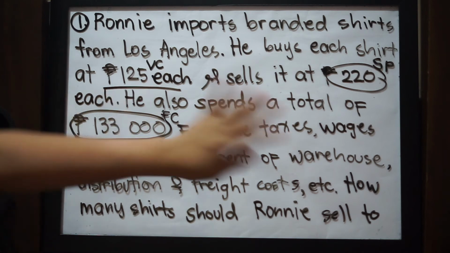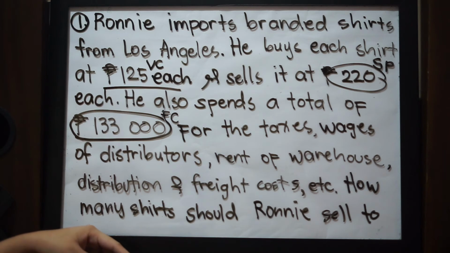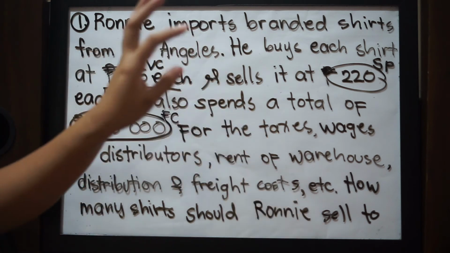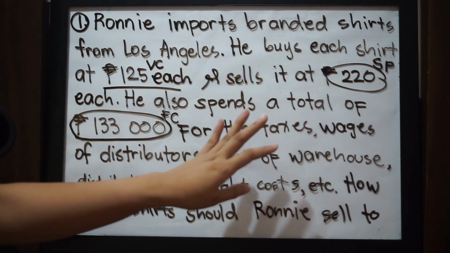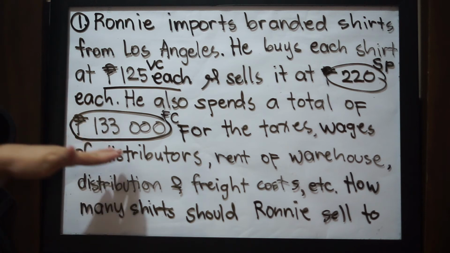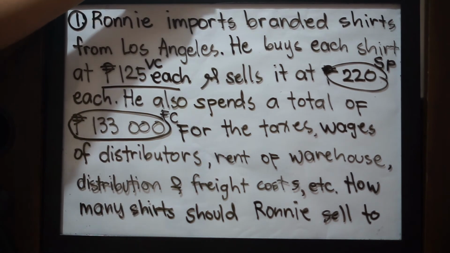Ibig sabihin, ito bang mga to nakadepende sa number of shirts na ipoproduce ni Ronnie? Hindi naman, 'di ba? So, ito ay talagang kailangan mo ng bayaran, kahit ilang shirt pa yung kailangan mong ibenta or bilhin. Kaya, yung 133,000 ay naging fixed cost.